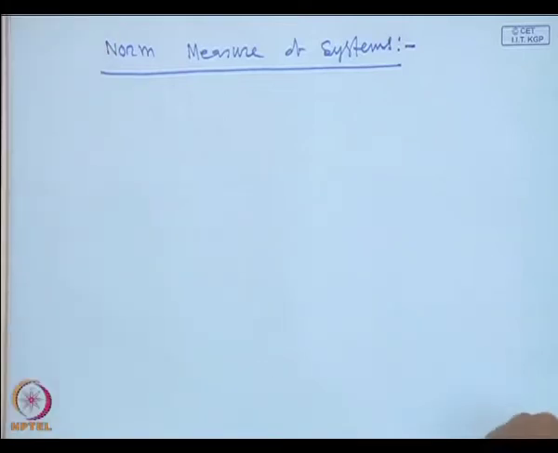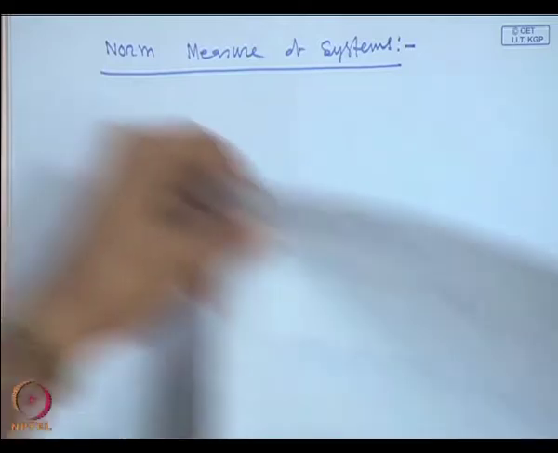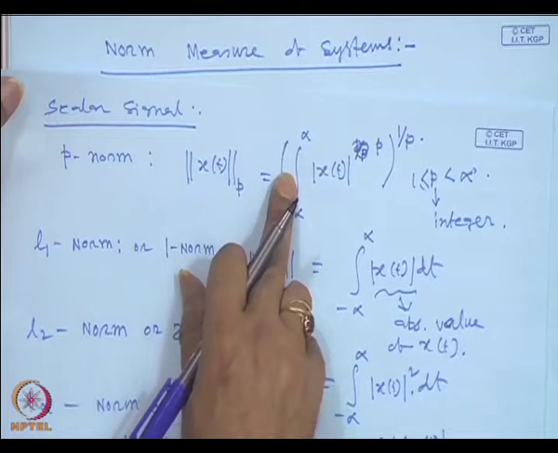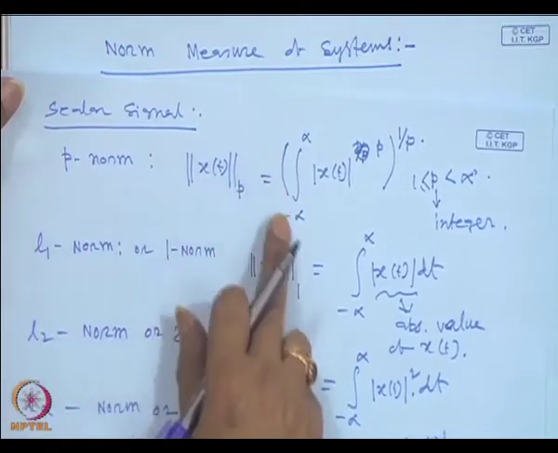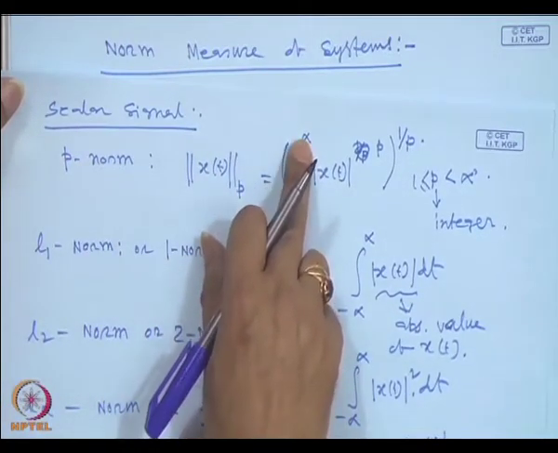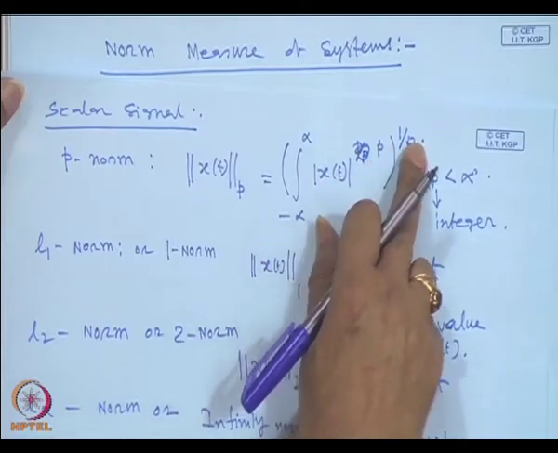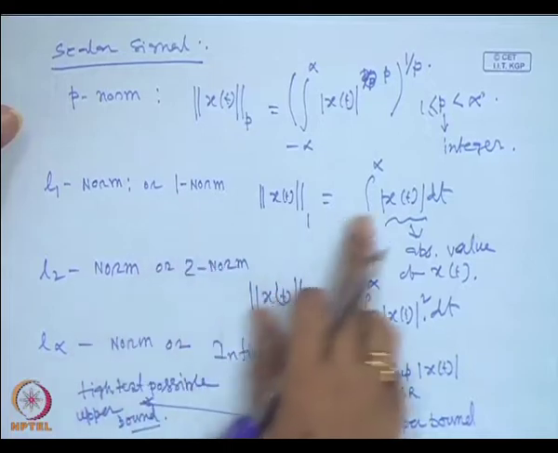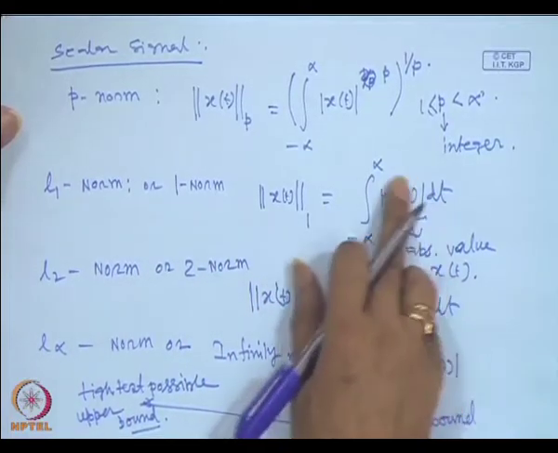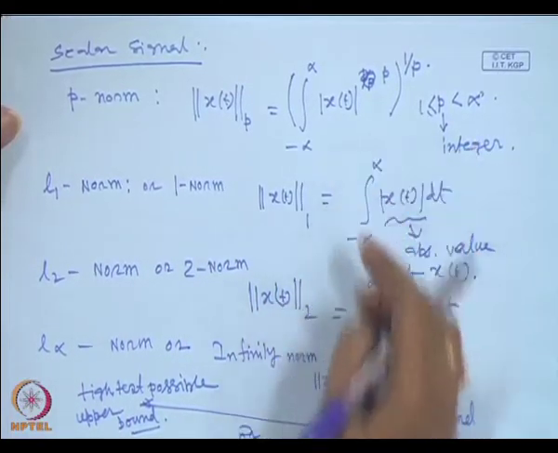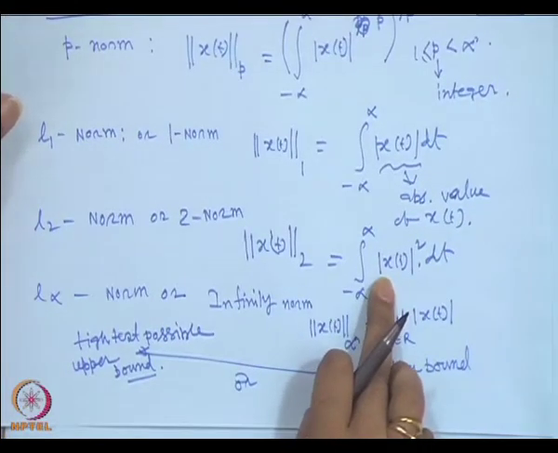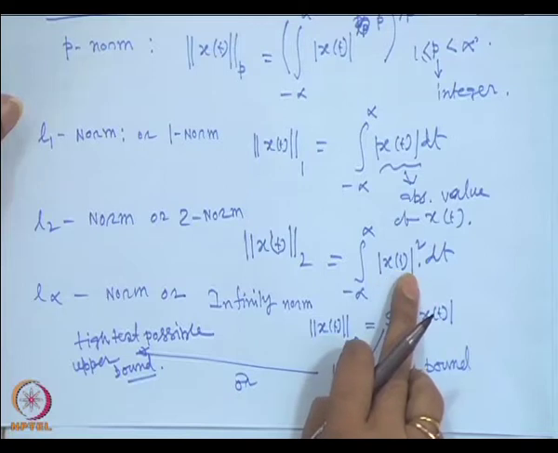So, you see this one: the scalar case, when x of t is a scalar, our p norm of a signal is the integral from minus infinity to plus infinity of the absolute value to the power p of that signal. But it is more meaningful when p is equal to 1, this is the absolute value of the signal over the period from minus infinity to plus infinity. The main meaning of this one for the scalar case is this one.